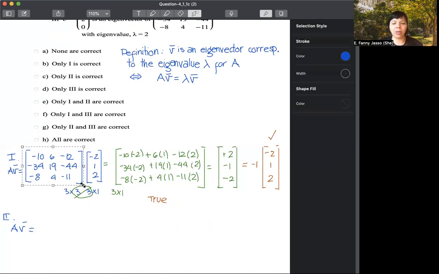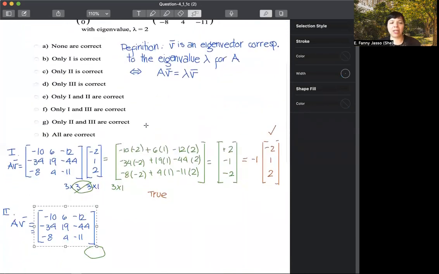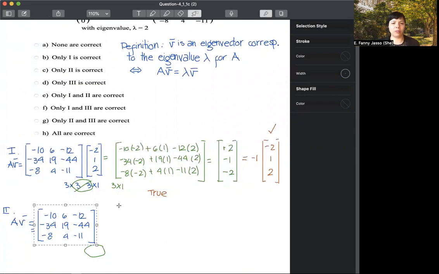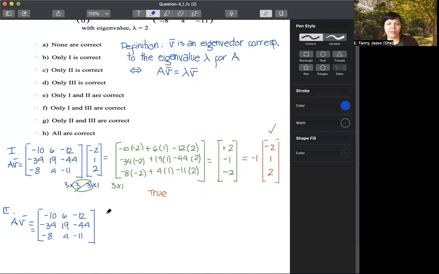So for the second one, I'm copying my matrix here. My second vector is going to be 0, -2, -1. So I do my product.